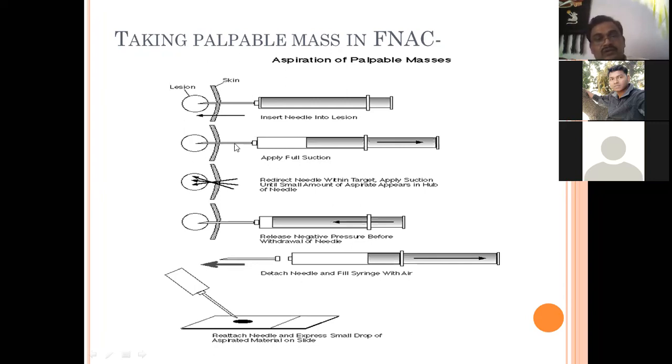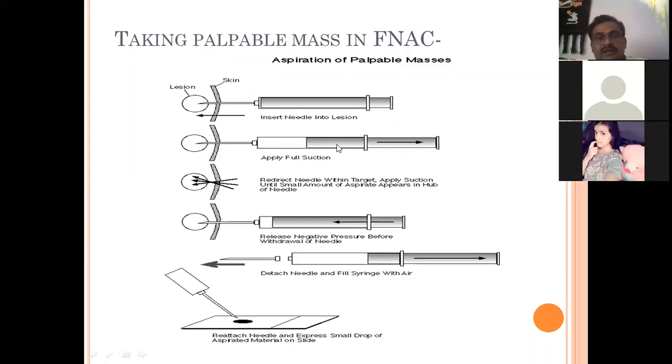Then you slightly move your needle side by side. But before that, you apply suction pressure. The plunger of the syringe should be pulled backward so that negative pressure is created.